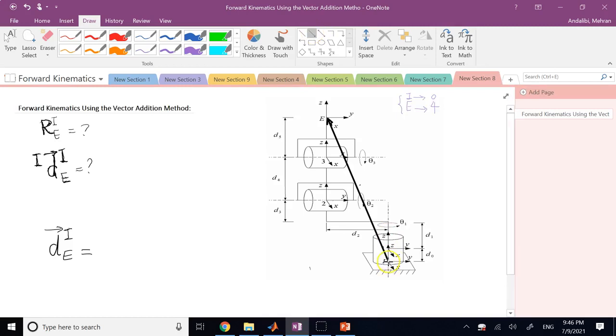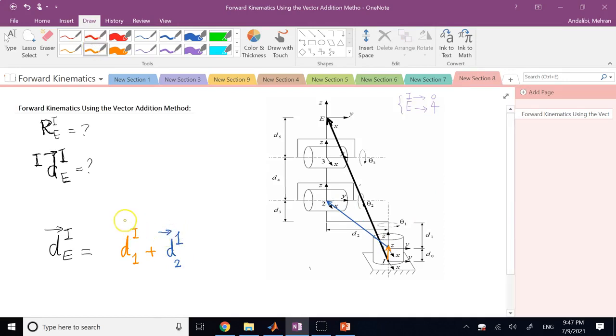The first one, instead of going from I to E directly, first goes from I to 1. So it is like d of 1 with respect to I, and then add it to the next one, which goes from the origin of 1 to origin of 2. So it goes something like this, right? And you can write it as d of 2 with respect to 1.